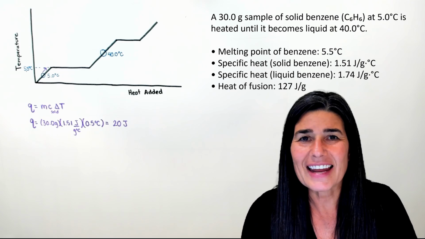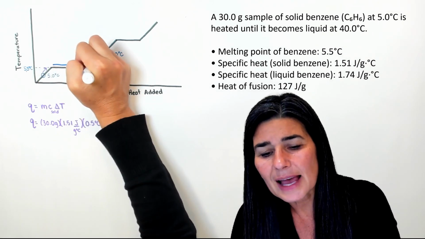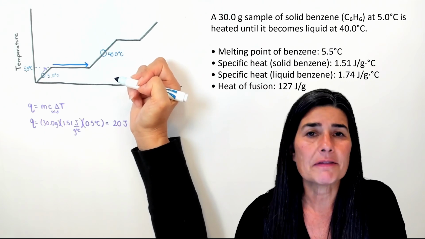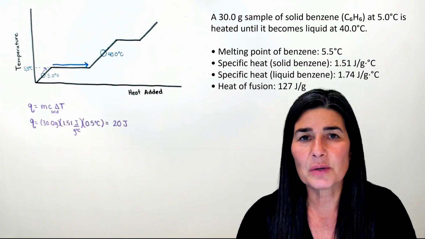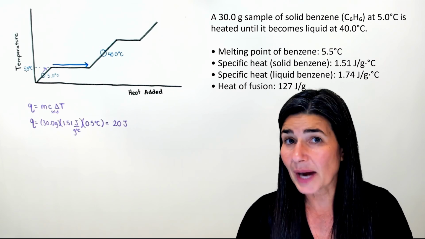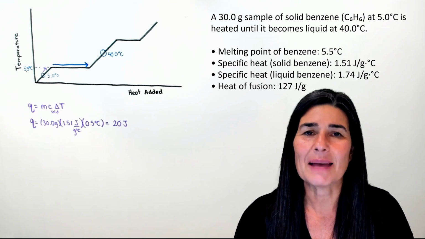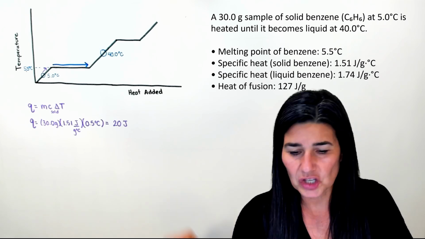Now let's look at our phase change. In order to go across and melt our benzene, we're going to need to use the heat of fusion here. The heat of fusion has been given to us in units of joules per gram. Because we're in joules per gram, we just need to multiply by the mass in order to get the joules for that phase change.